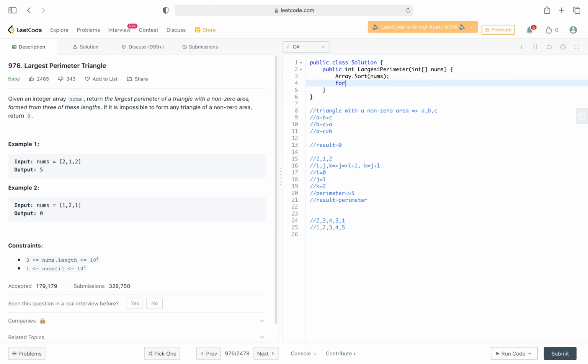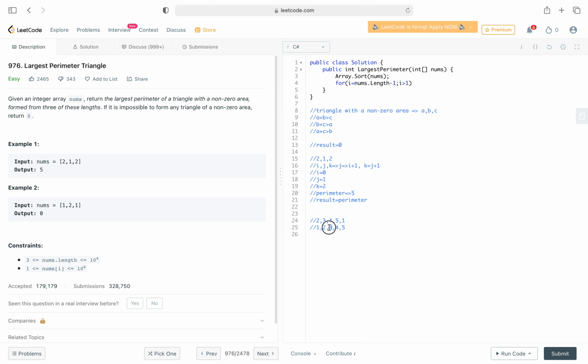So I will start from i = nums.length - 1, and continue while i is greater than or equal to 2, because the other two indexes are needed: if we are here, we will consider the two elements before this index i.